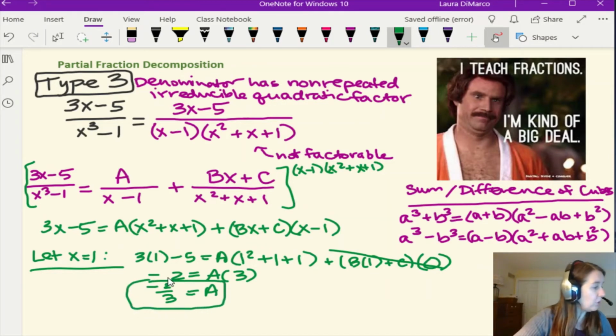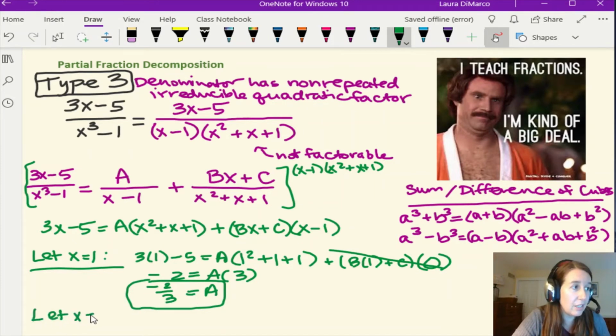Okay, well that's good news because I did figure out what a could be. Now let's see if I can use that technique again because, again, I think that's the easier technique if I can just figure out something else. So I'm wondering if I could, see now that I know a, I could set x equal to 0.